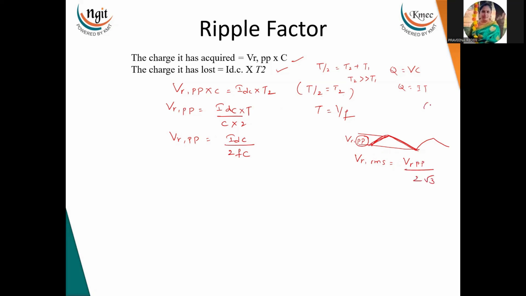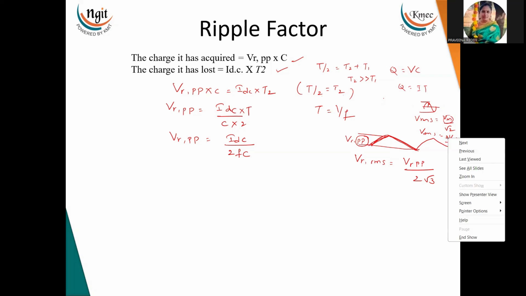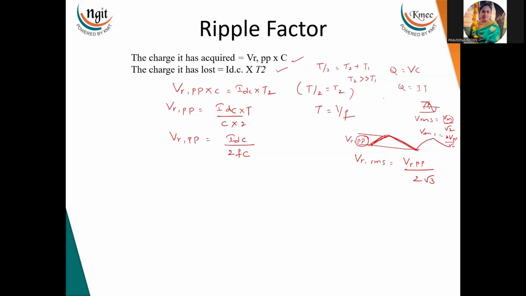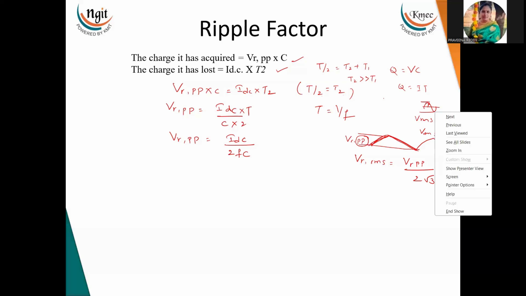2√3. Like for the sine wave, we derived VRMS is equal to Vm by √2, right? We can also write it as V peak to peak by 2√2, where Vm is nothing but one peak, and V peak to peak is 2 times V peak.